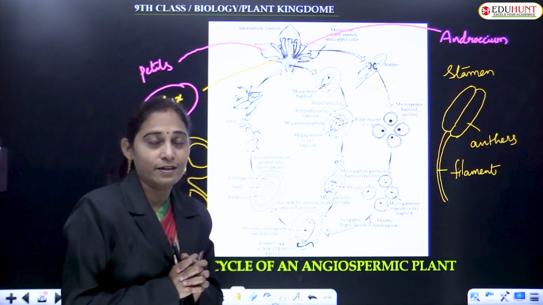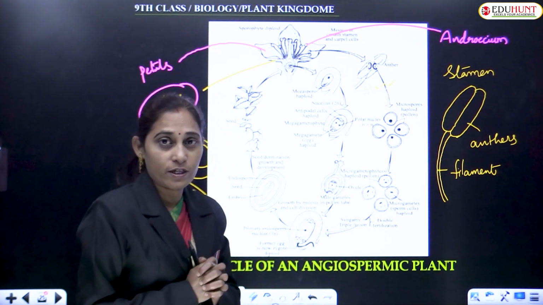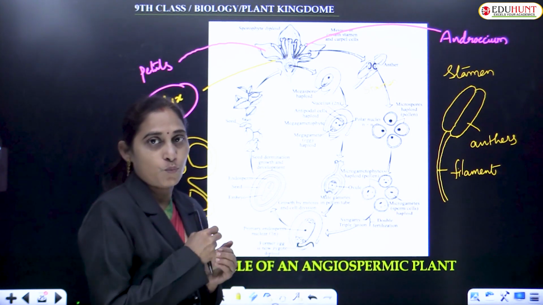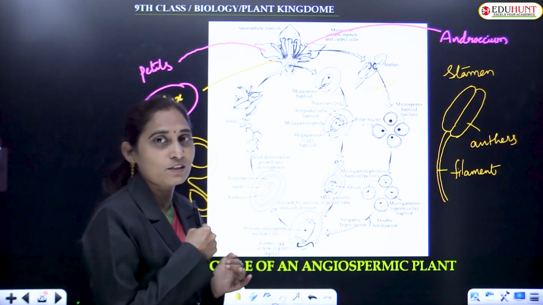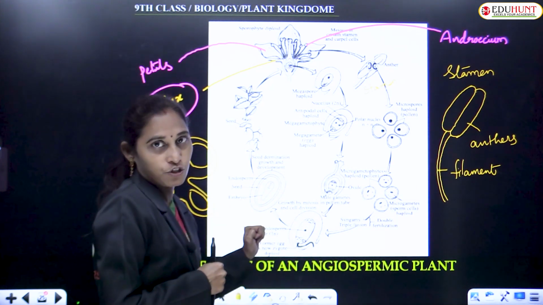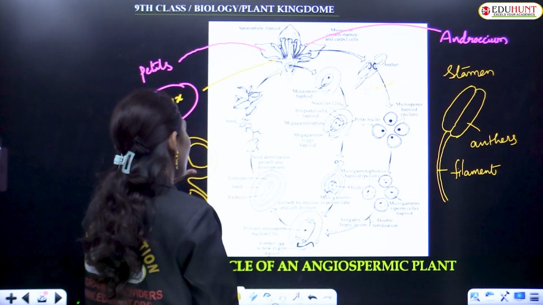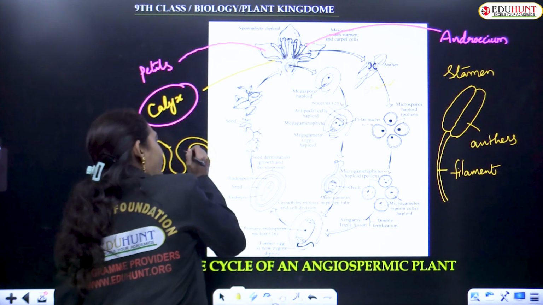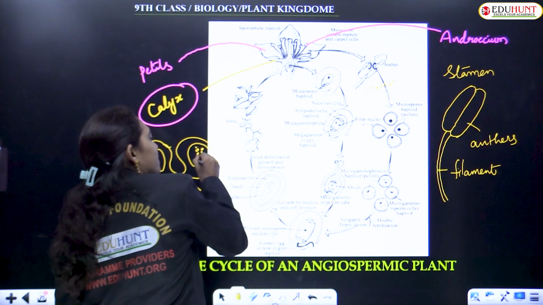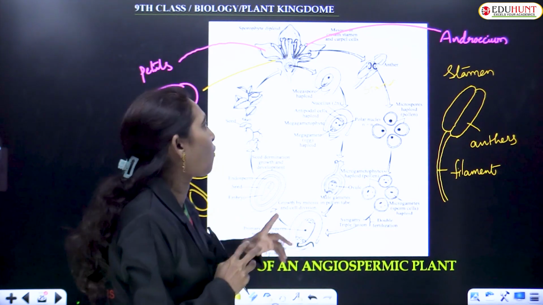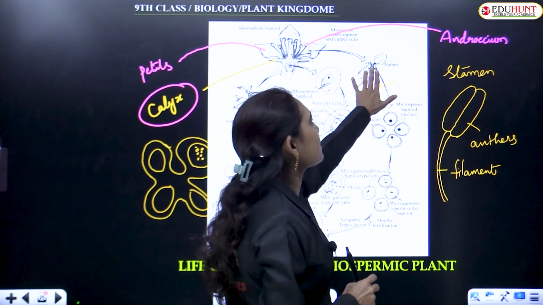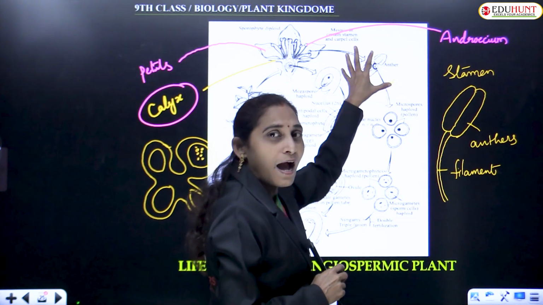Sporogenous tissue is nothing but spore producing tissue. This sporogenous tissue has the microspore mother cells. These are the microspore mother cells present in the anther.